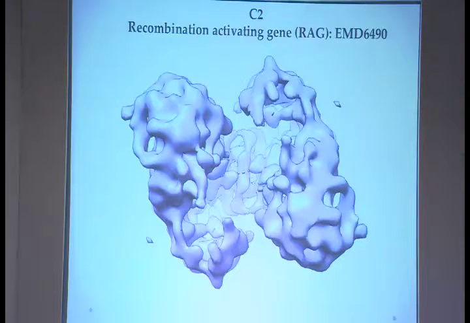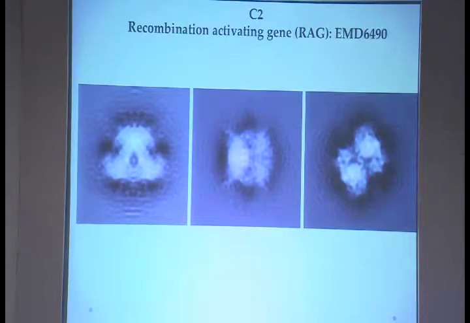This is an example of a C2 molecule. This is the recombination activating gene, or RAG, and this has C2. If you just look at some of the projections from different orientations of the molecule, you can start seeing that there would be a twofold in some of these projections.